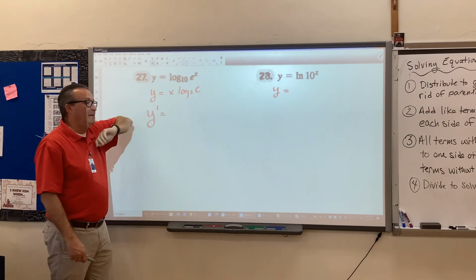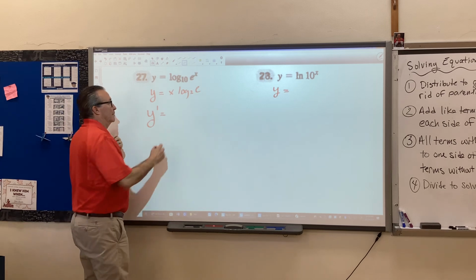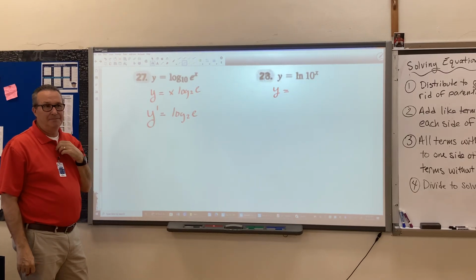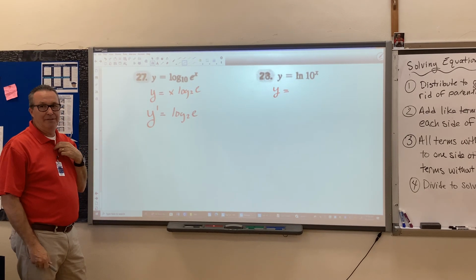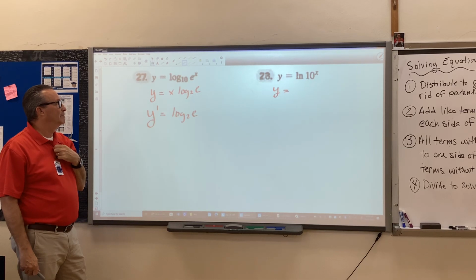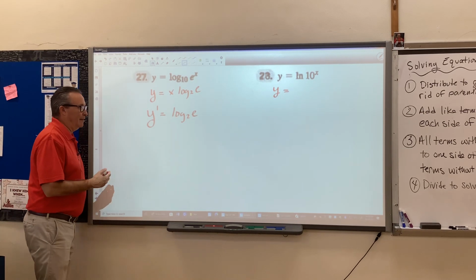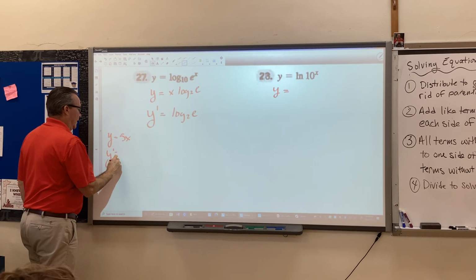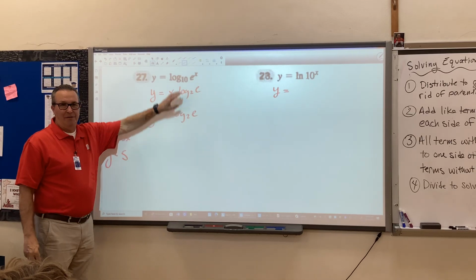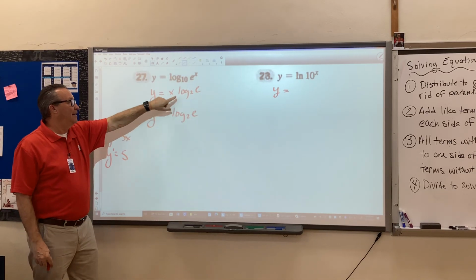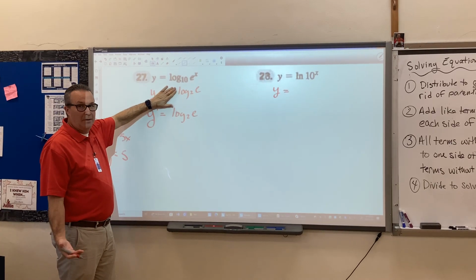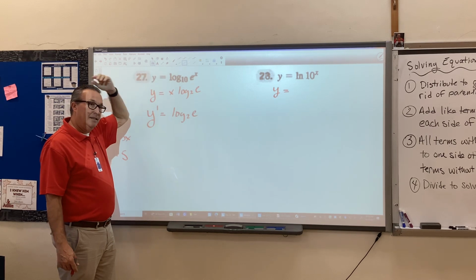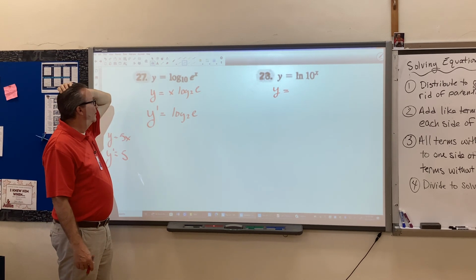Just some number times x. What's the derivative? It's just one. It's just log base 2 of e. That's it. You don't need to do anything with the x. The derivative of 5x is just 5. Derivative of a number times x is just the number. This is just a number, there's no variable. Oh, okay. How does he get 2 from 10?